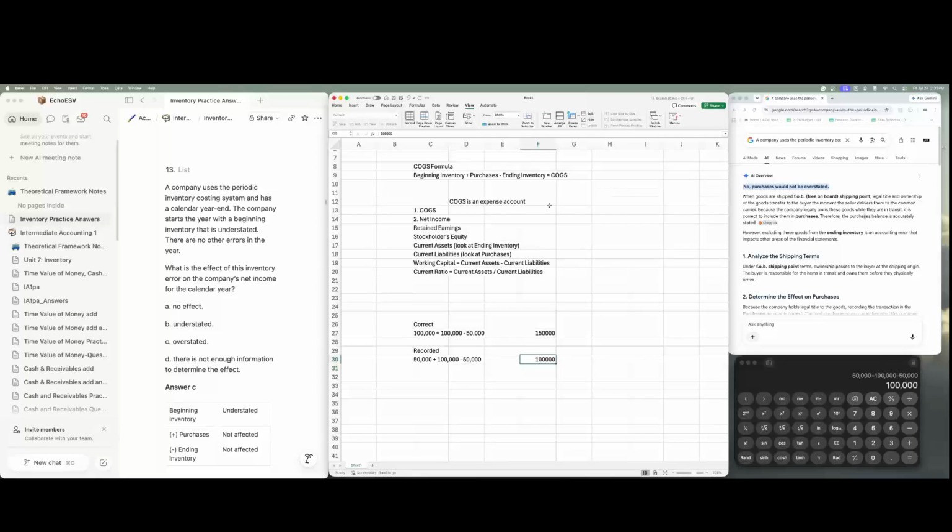So the cost of goods sold is understated, because it should be 150,000, but it's recorded at 100,000. It's recorded as less than what it should be.